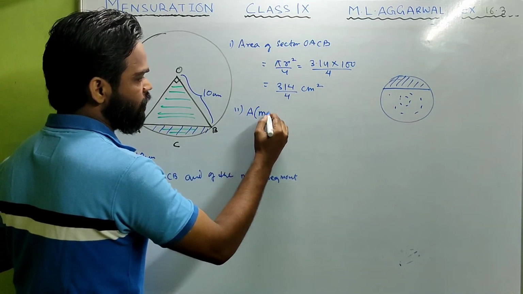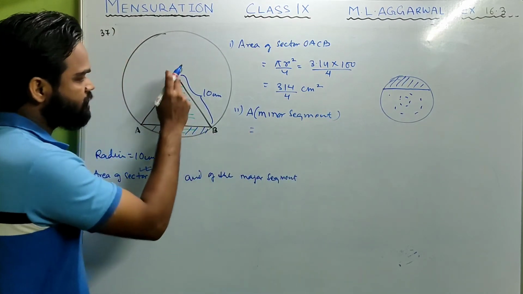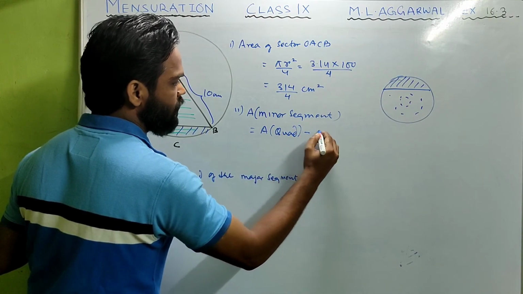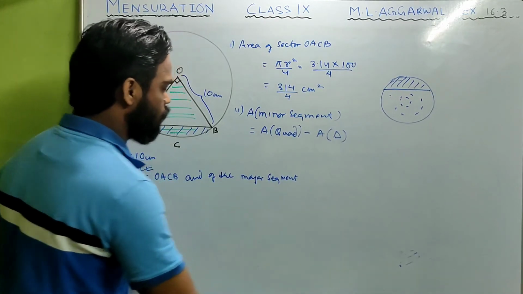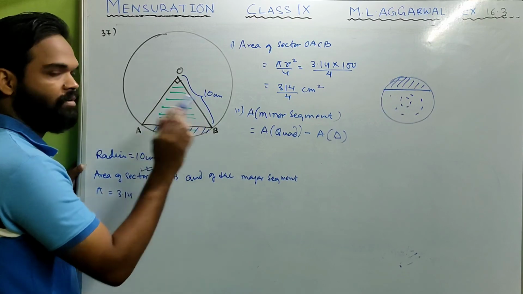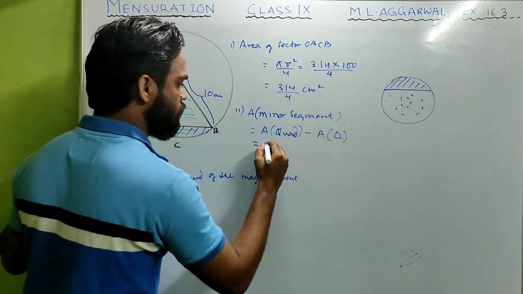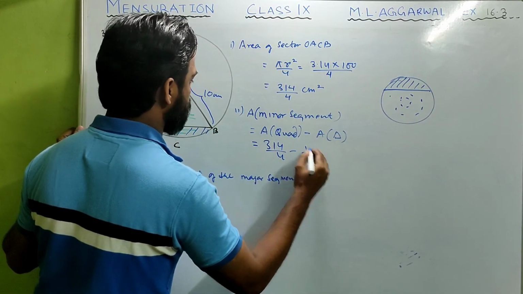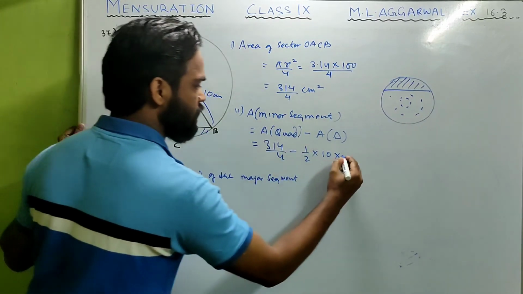See, the area of the minor segment, if you look at the diagram carefully, is the area of the quadrant minus the area of the triangle, which is a right angle triangle whose base and height will be 10 centimeter each. So the area of the quadrant is 314 by 4 minus the area of the triangle, which is half into base into height, which is again 10.